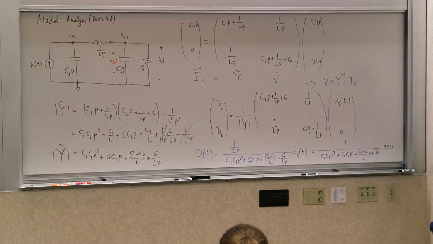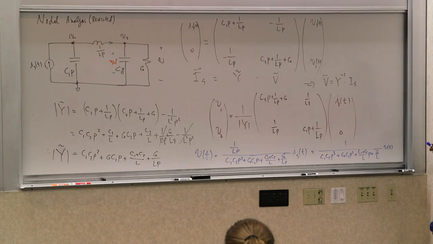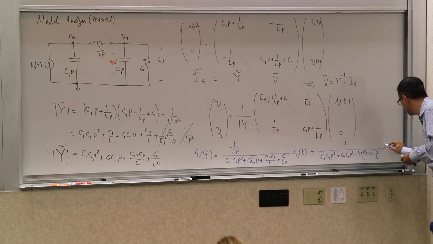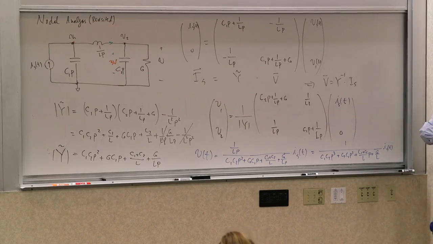So now, what do I get? Again, it's Is of t. What I get is a third order differential equation.